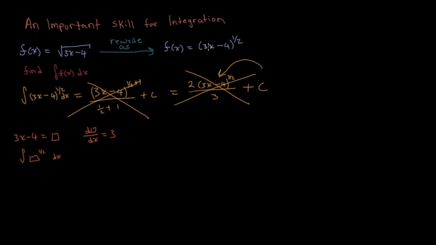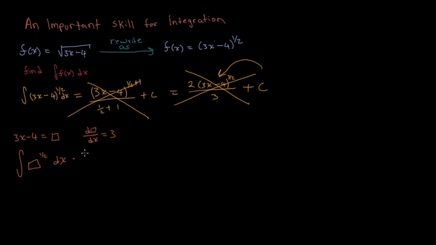Now, the next problem is that this is in the form dx. What we want is to be differentiating with respect to the placeholder and not with respect to x. So what we can do is multiply this by d box by dx.